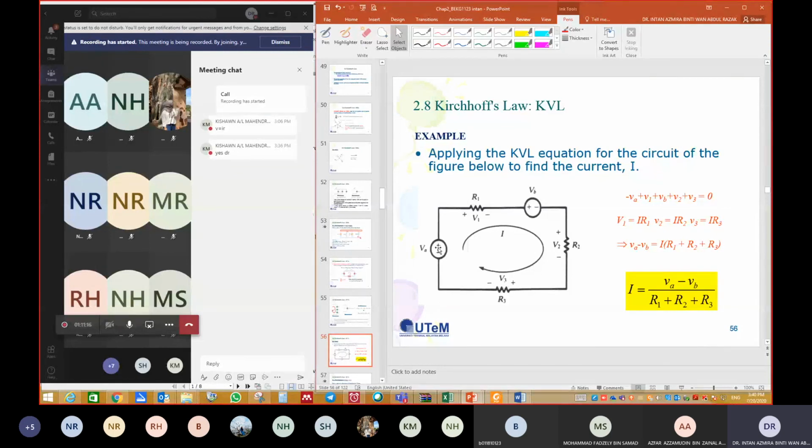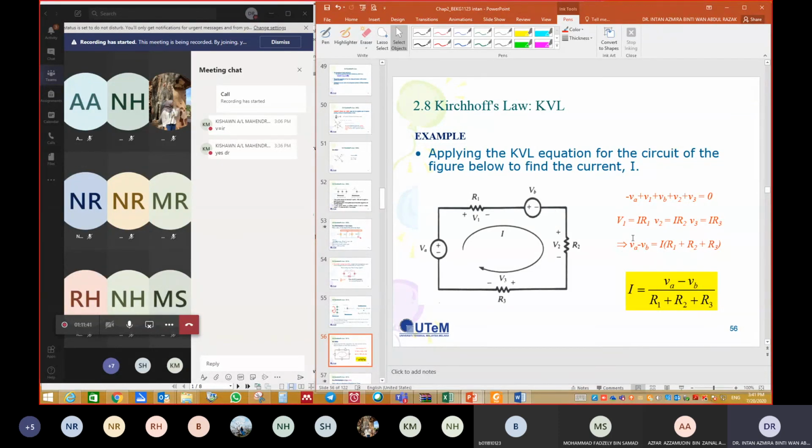So negative VA and then plus V1 plus VB plus V2 and plus V3 is equal to 0. So please rearrange: minus VA minus VB is equal to V1, V2, V3.